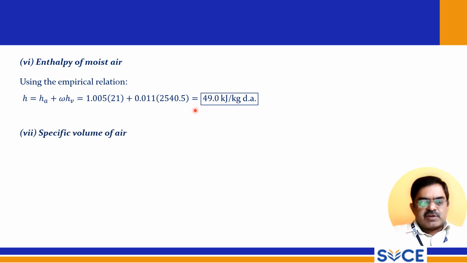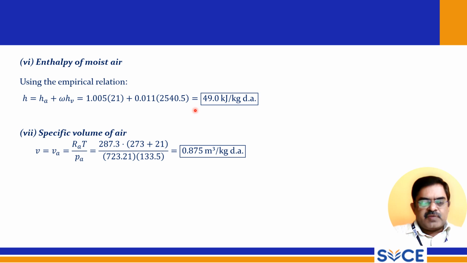Next one, the specific volume of air, V equal to VA, so RA T by PA. So that is equal to 287.3 into 273 plus 21 divided by 723.21 into 133.5. So that is equal to 0.875 meter cube per kg of dry air.